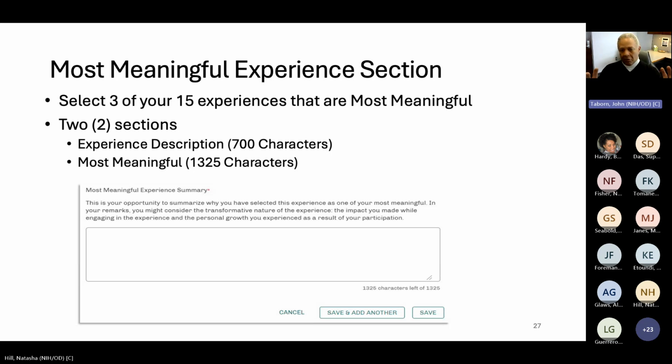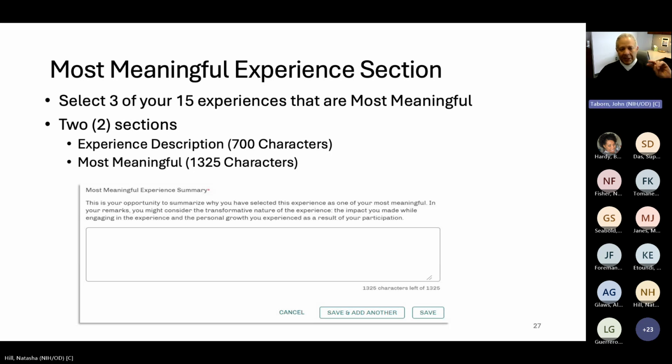It says this is your opportunity to summarize why you have selected this experience as one of your most meaningful. In your remarks, you might consider the transformative nature of the experience, the impact you made while engaging in this experience, and the personal growth you experienced as a result of your participation. In short, when I'm talking to applicants, I have you think about 2 things.